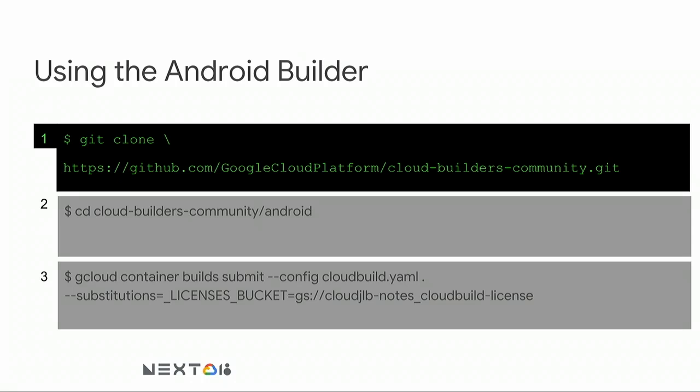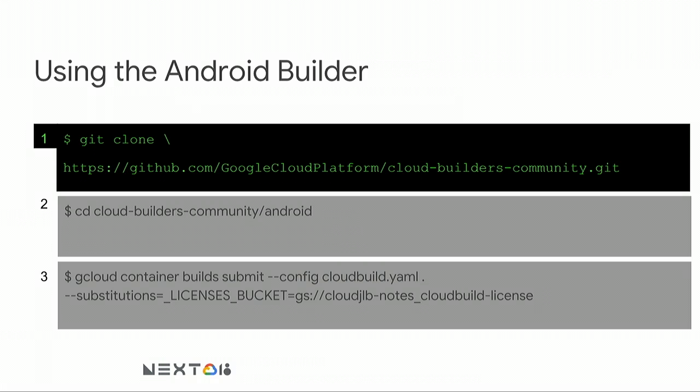And so after that, these are the steps. You clone the repo, you create the packages.txt file in that directory, and then you submit the Android builder's Cloud Build YAML file, which is going to build a container in your Google Cloud container registry that's going to have the Android builder piece.